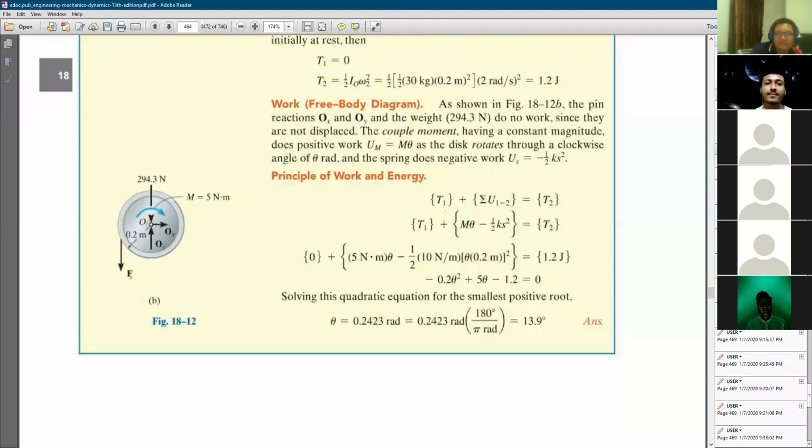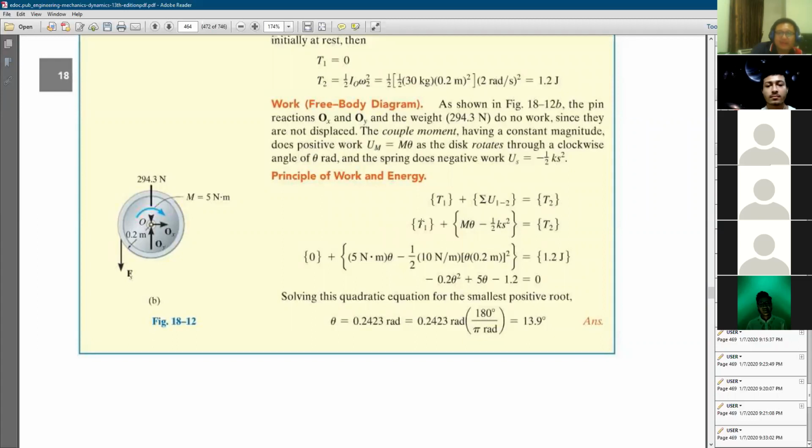Now we know that by the principle of work and energy, we look into the kinetic energy, T1, and whatever other energy is involved. Here we also have the potential energy, half Ks square, and also the final potential energy.